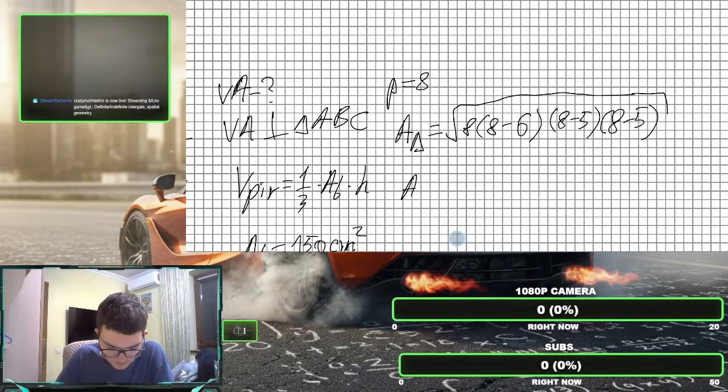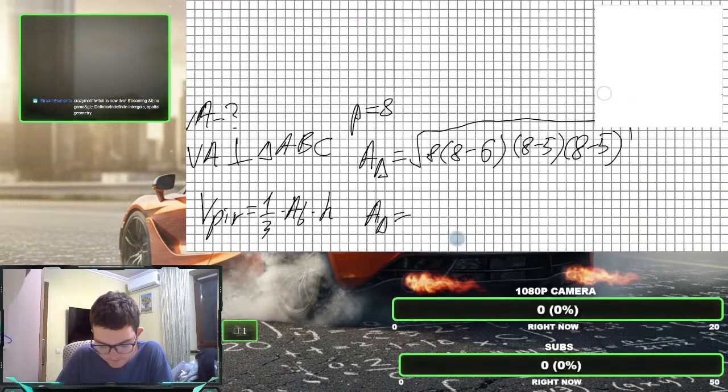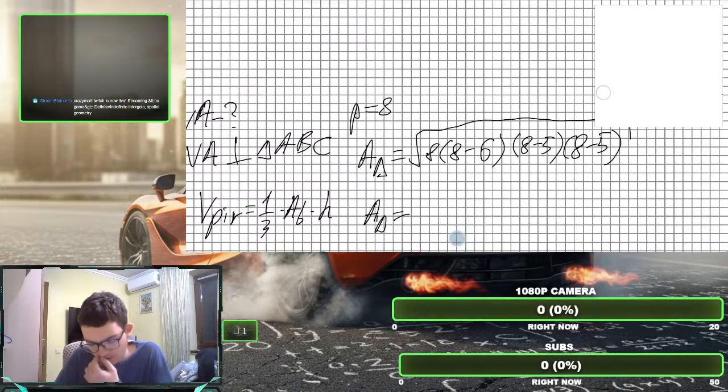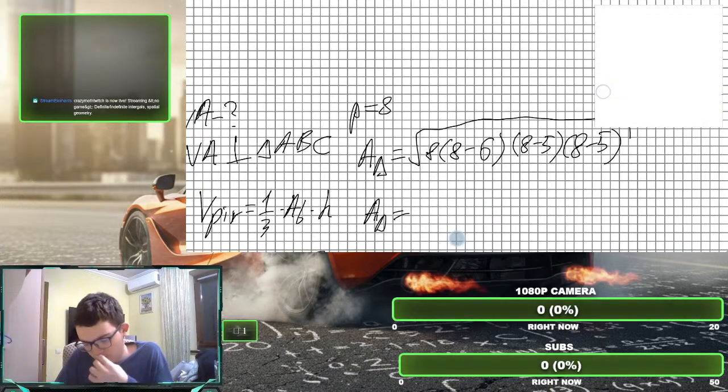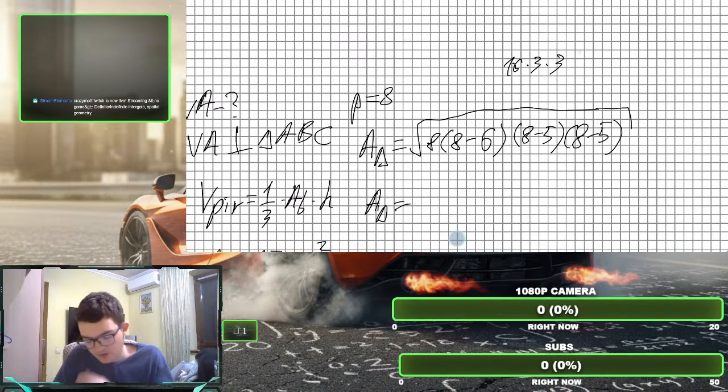Now once again, area of a triangle, and there I have 8 minus 6 is 2, so that's 16 times 8 minus 5, that's 3, 16 times 3, and times 3 again.